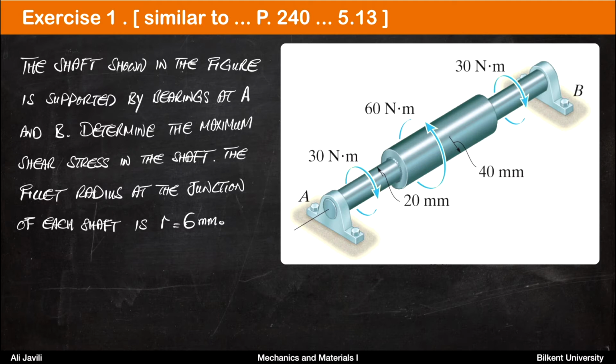The fillet radius at the junction of each shaft is 6 millimeter. So here and on the back, you know that the fillet radius is 6 millimeter, and you are asked to calculate the maximum shear stress in the shaft.